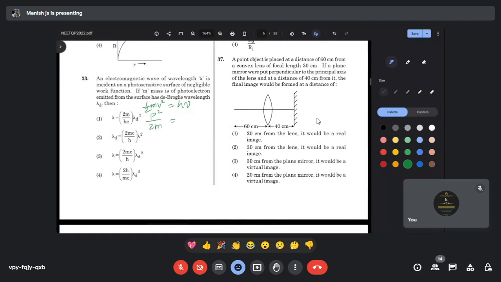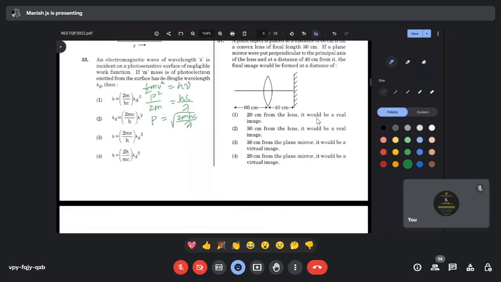Here we can bring in lambda in terms of frequency: c by lambda, so you will get hc by lambda. So try to relate them and rearrange for p. So p is equal to root of 2mhc upon lambda. This is what I get when I go for a rearrangement, isn't it? So I got the momentum.